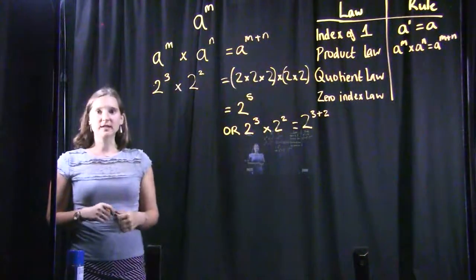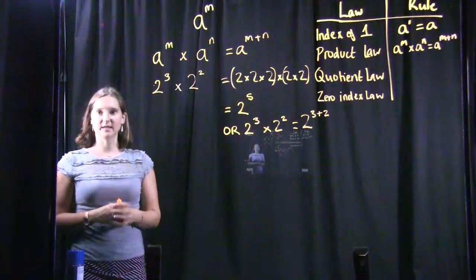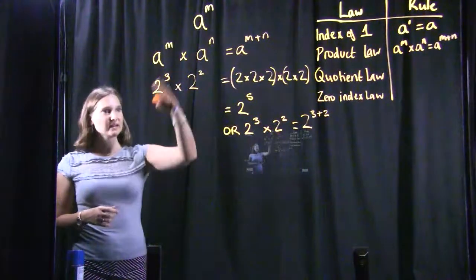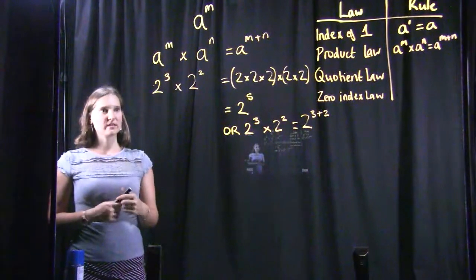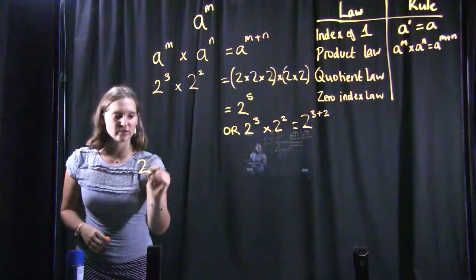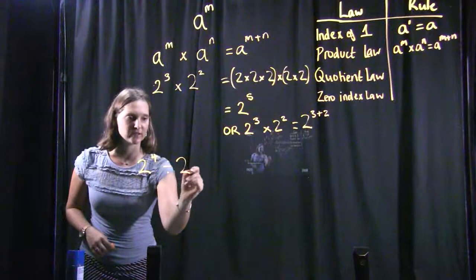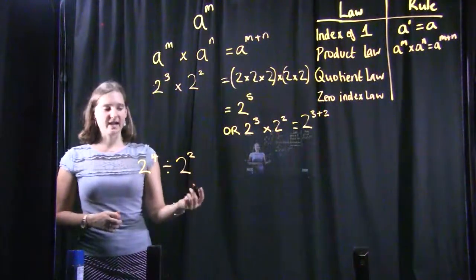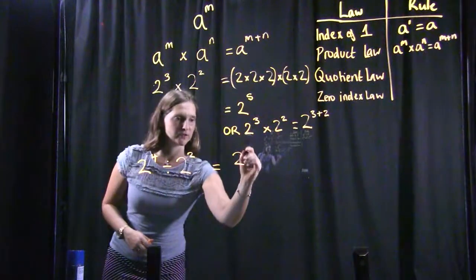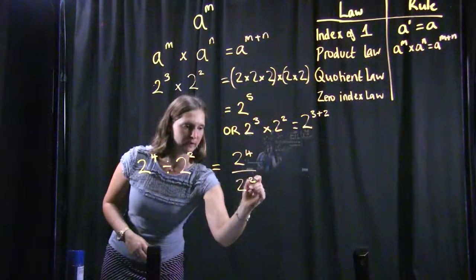Our quotient law, now remember quotient is another way of saying divide, works exactly the same as this, but it's the inverse. So instead of having, let's have 2 to the power 4 divided by 2 to the power 2, we can also write this as a fraction. 2 to the power 4 over 2 to the power 2.